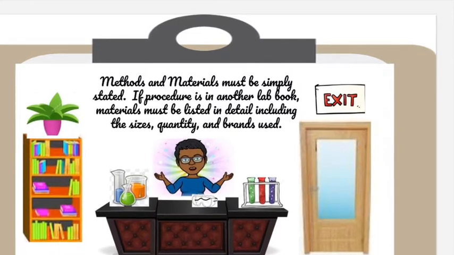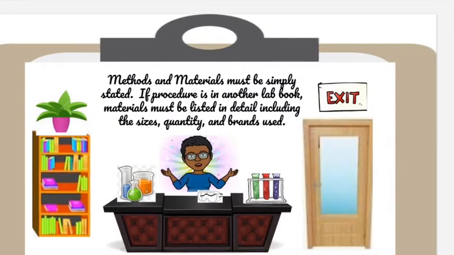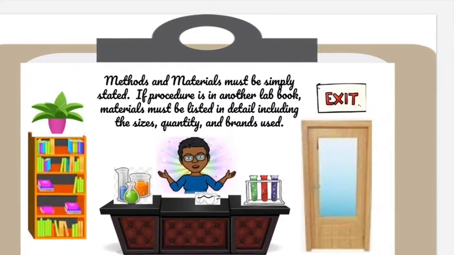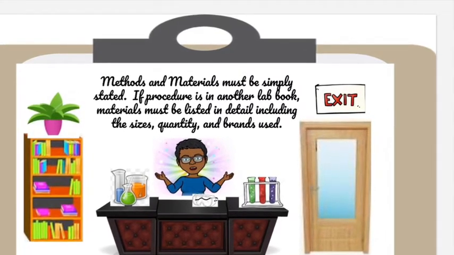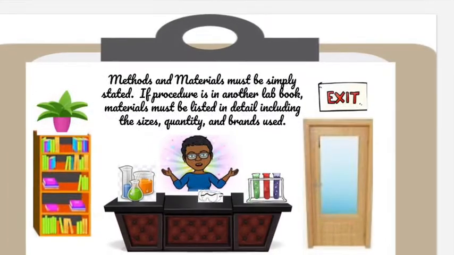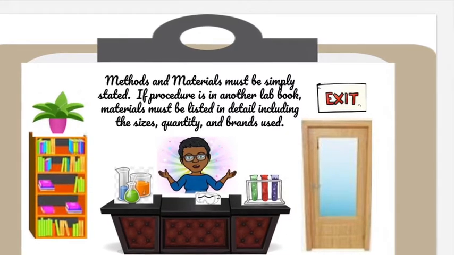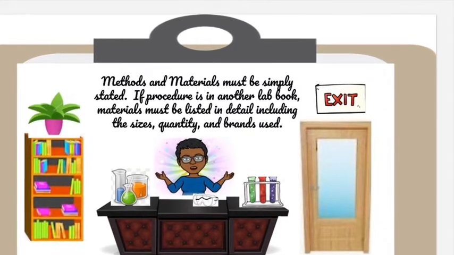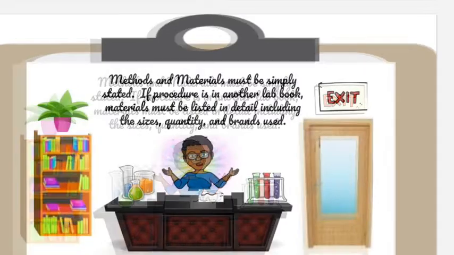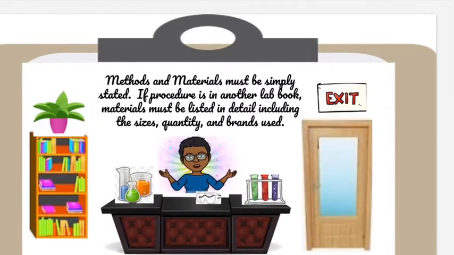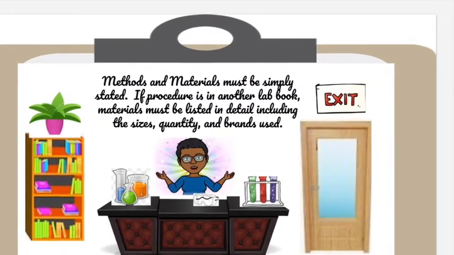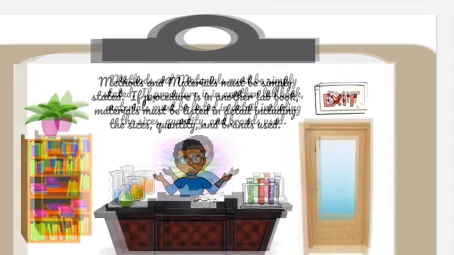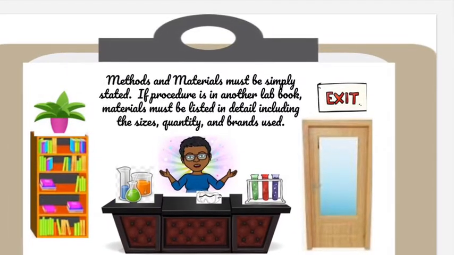You want to be specific about your methods and materials for your experimental design or for your procedure, but you also want to go straight to the point. There is no fluff. This is not a time to get poetic and use imagery. You've got to go straightforward when writing your experimental design.